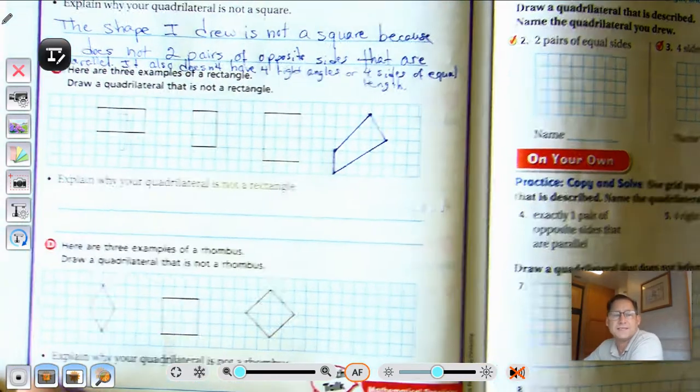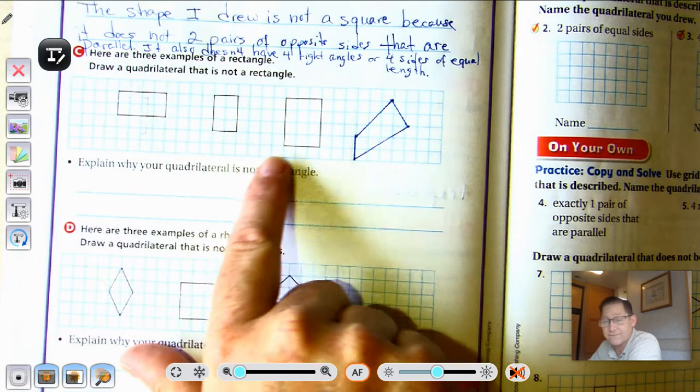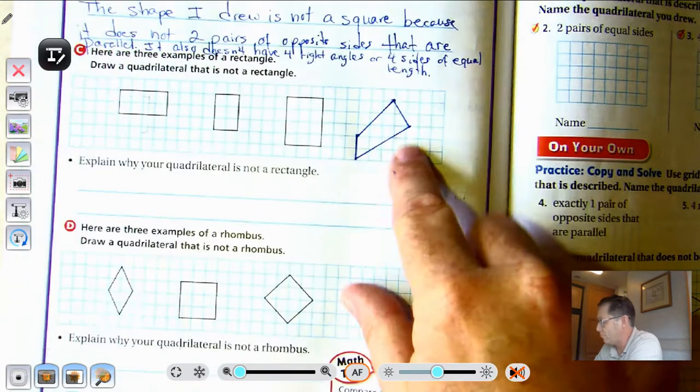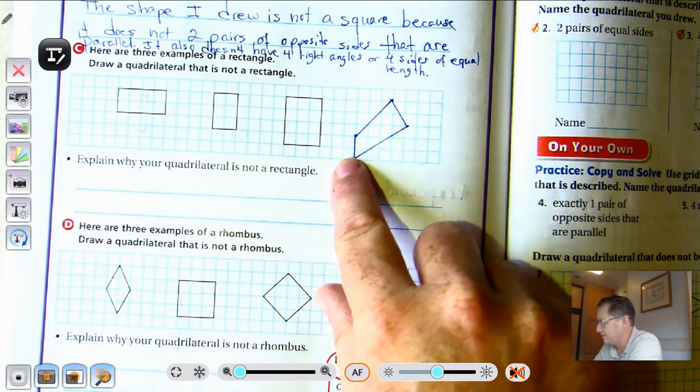Okay, so why is the shape I've drawn not a rectangle? It has four sides, but a rectangle has to have four right angles. This doesn't have four right angles. This angle right here is not a right angle, nor is this one.